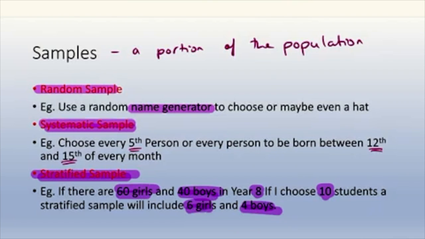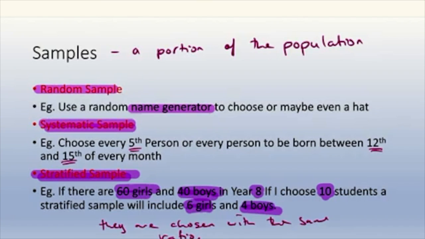I have to choose in the same ratio. They are chosen with the same ratio.